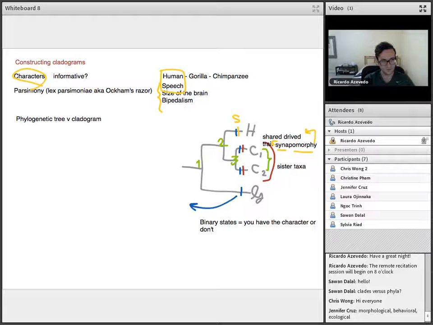Now let's look at another trait that is shared. So the ability, okay, we are running out of colors. So let's use a blue. So the second character in primates: all the primates have the ability to use, so they have opposable thumbs.